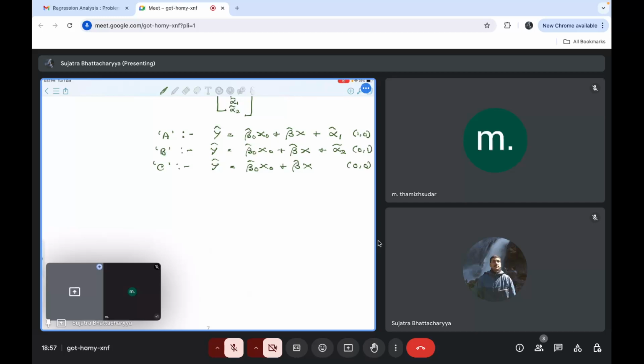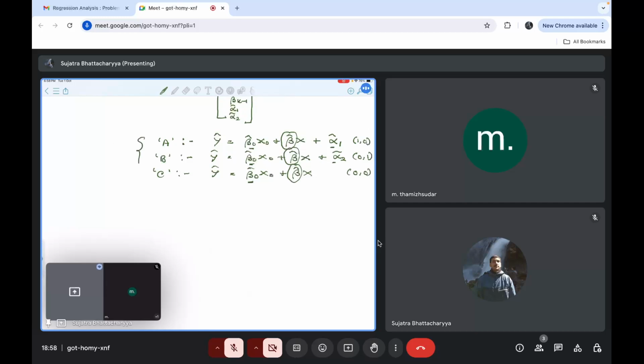Very interesting. Each of them, coming from different sets of data, has the same slope. Okay, the intercept might be different because alpha 1 hat is being added: beta naught hat plus alpha 1 hat, beta naught hat plus alpha 2 hat, and this is beta naught hat. So I'm taking my words back. Not the same intercept, different intercept, but the same slope. Look at this beta hat, beta hat, beta hat. Same slope. So in all these three cases, we have the same slope.